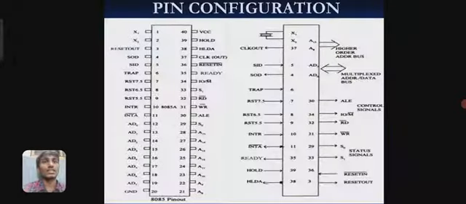So here you can see the pin configuration of the 8085 microprocessor, where 12 to 19 are address pins, and you can see the input and output pins, also the clock pin, data transferring pins, clock in, clock out, and VCC, ground, hold.